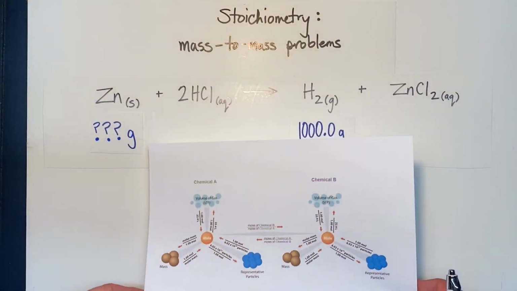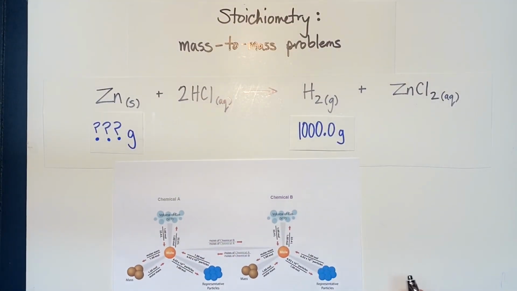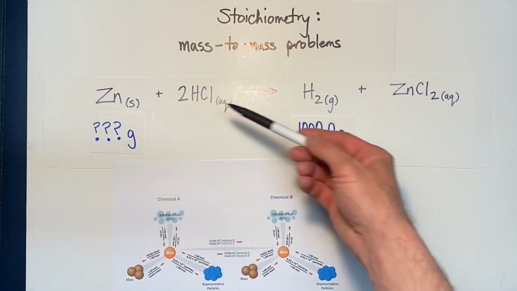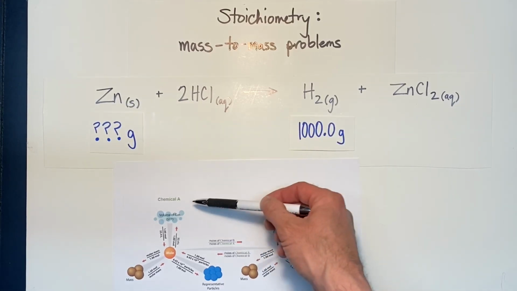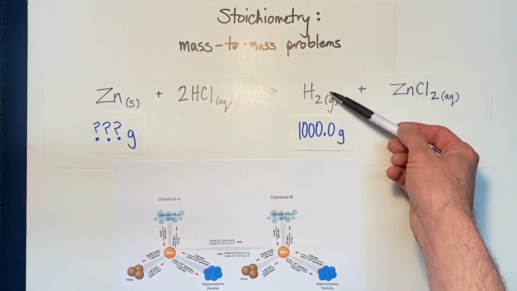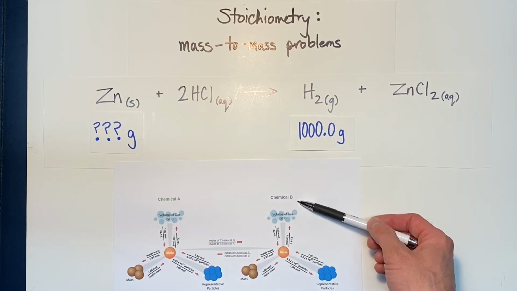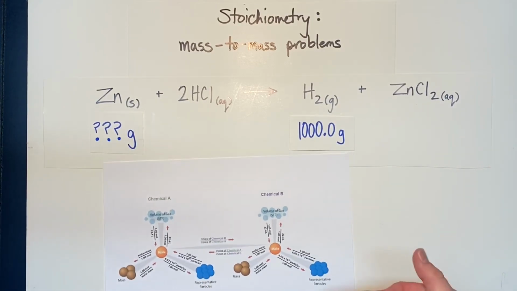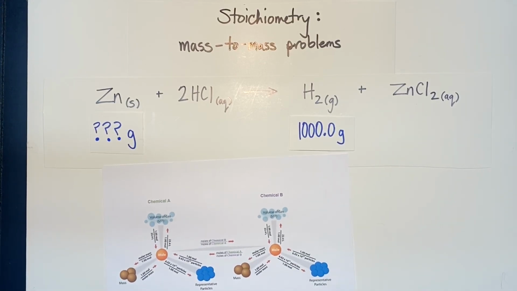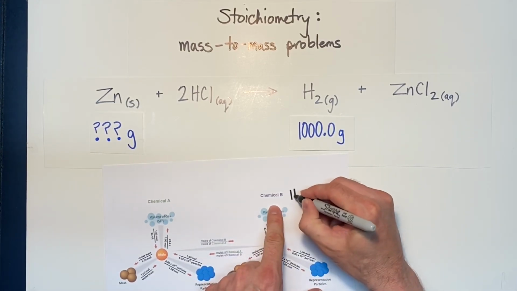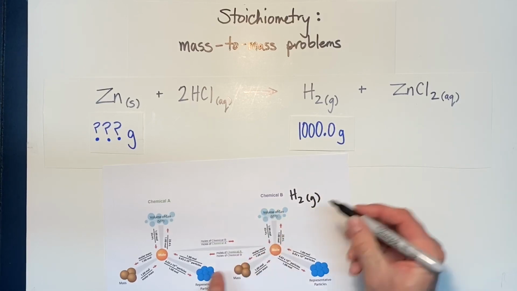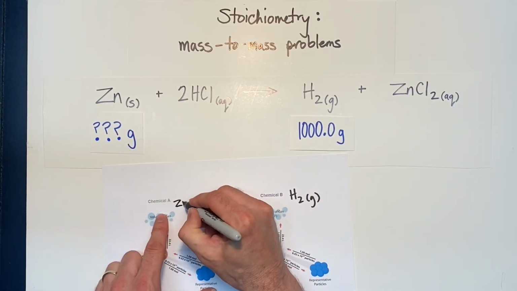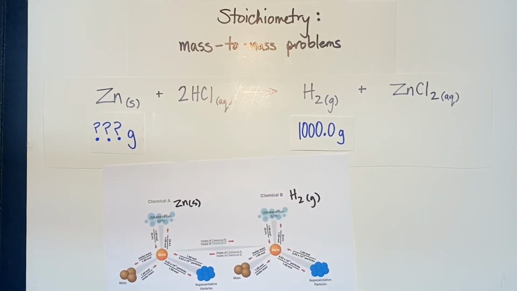So if we look at the chemicals here, we're going to call zinc chemical A, and I'm going to call hydrogen gas chemical B, because zinc's on the left and hydrogen gas is on the right. So I'm going to write here, chemical B is hydrogen gas, chemical A is solid zinc.